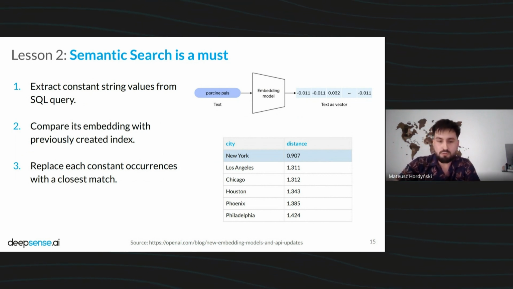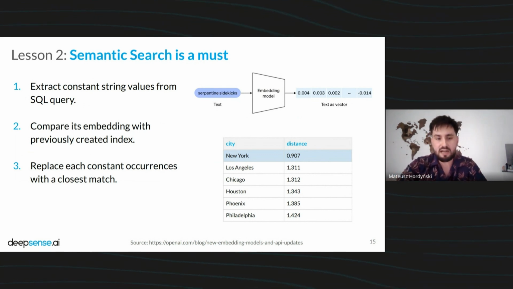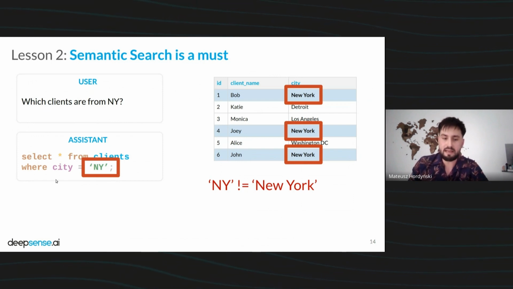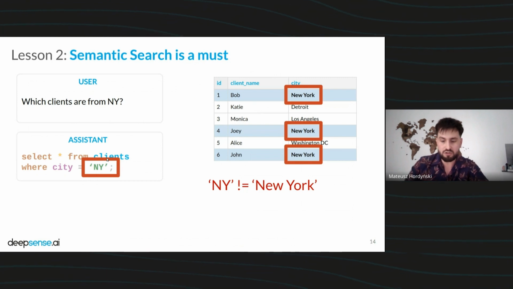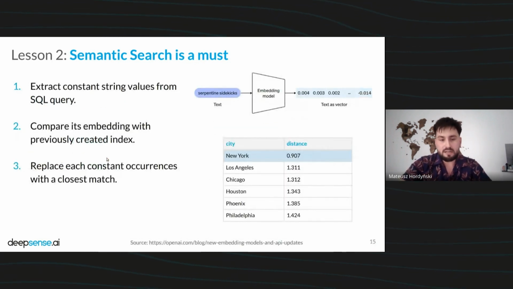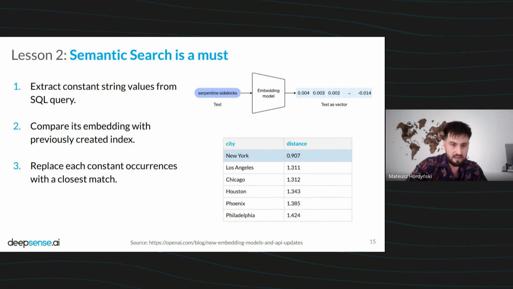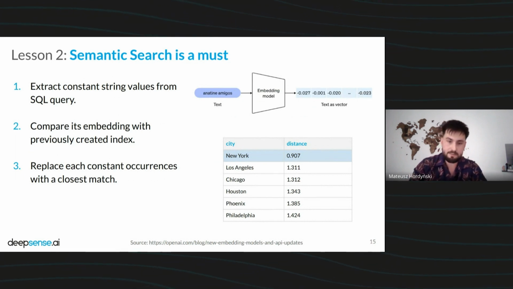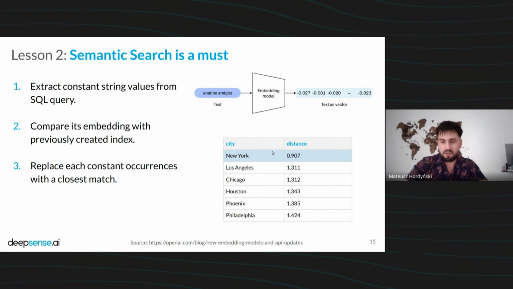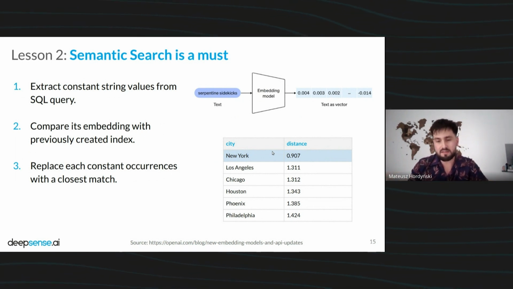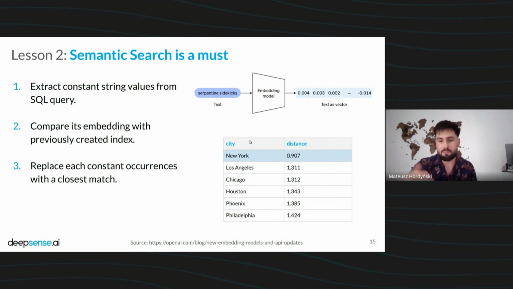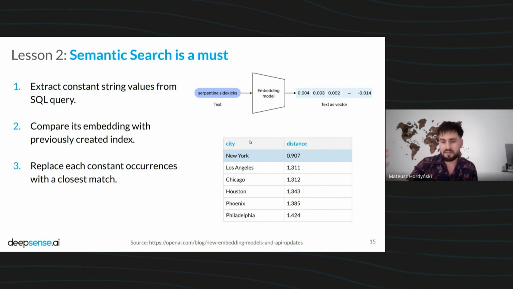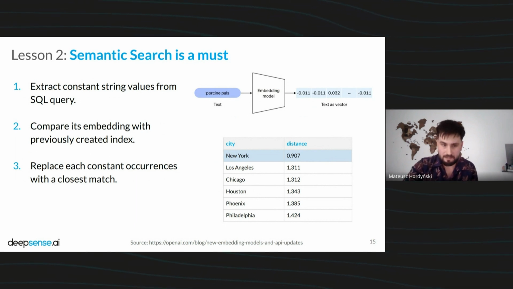So thanks to that, we can extract constant string values from the SQL query. In our example, we have this New York shortcut. And we can compare the embedding of that extracted value with a previously created index. You can think about it like this: we grab all the cities in our database, create an index, probably in some vector database, and for each city we calculate the embedding.